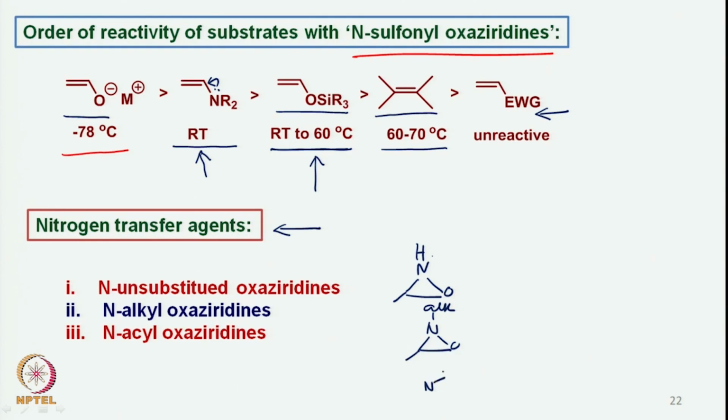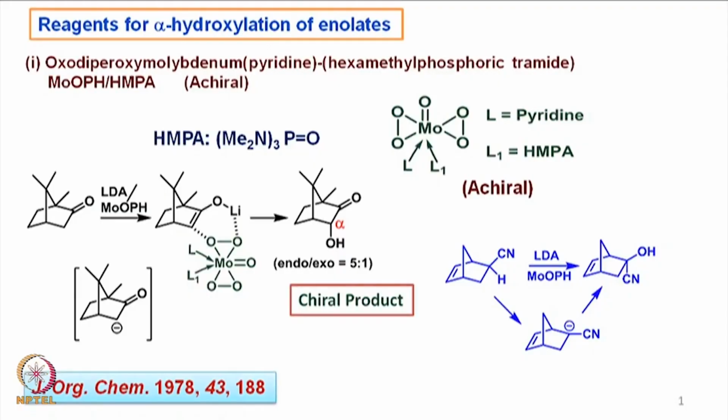So, you have something like this. These are the oxaziridines which are generally used for the transfer of the nitrogen to a nucleophile. So, there are different ways by which one can choose the reaction conditions, the substrates, and also the oxaziridines, and accordingly one can carry out the reaction depending on what is required.